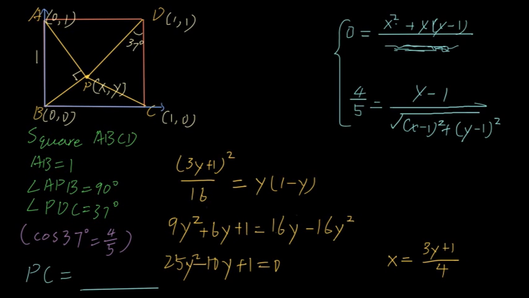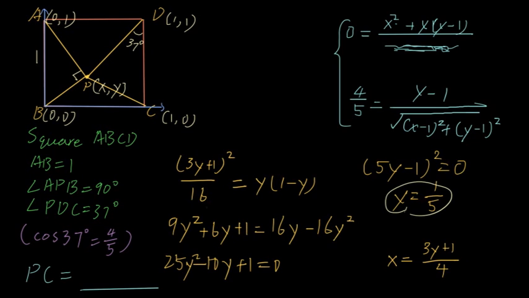And if you are aware, this thing is actually (5y minus 1) squared is equal to 0. This is 5y squared, this is 2 times 5y times negative 1, this is negative 1 squared. And then we have y is equal to 1/5.